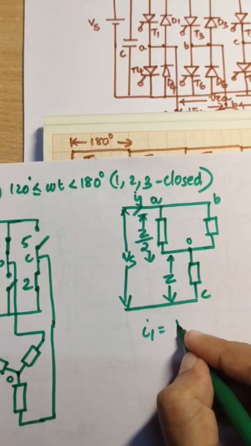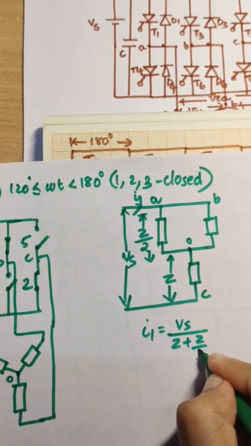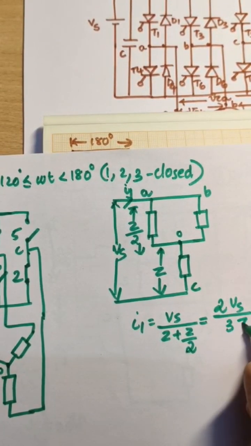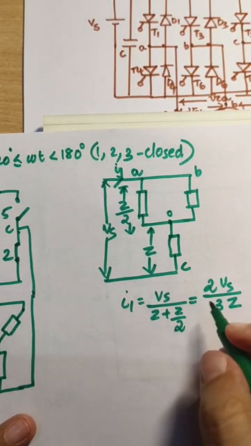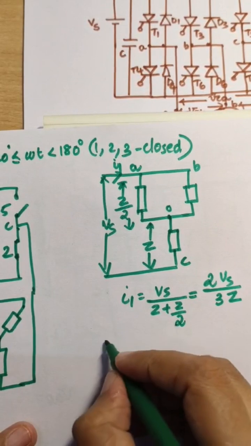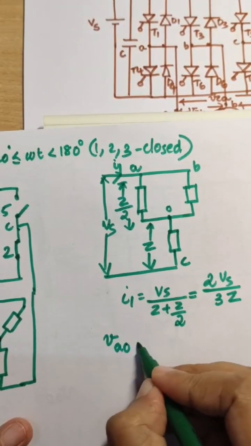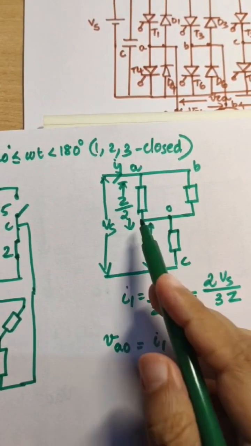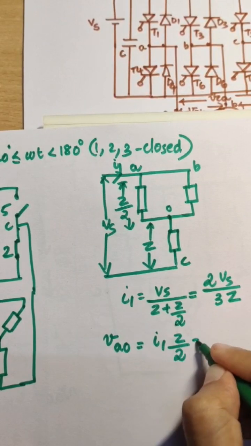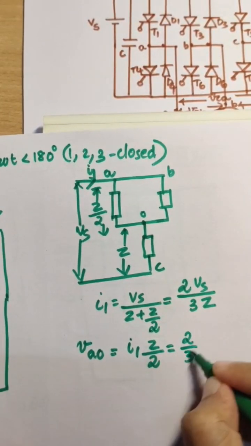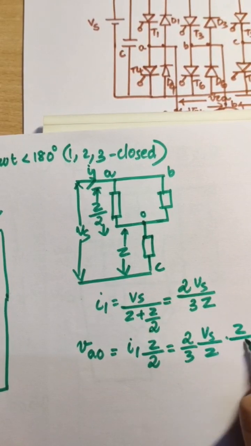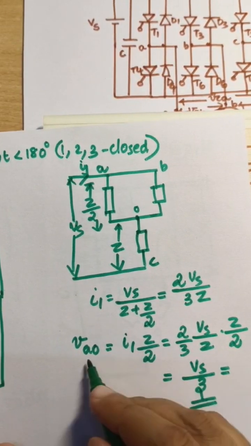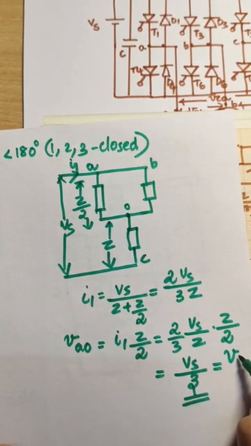Current I1 is equal to Vs divided by Z plus Z by 2, which is equal to 2 Vs divided by 3 Z. VAO is equal to I1 into Z by 2, where I1 is 2 by 3 Vs by Z, into Z by 2. We will obtain it as Vs by 3, so VAO is equal to VBO.